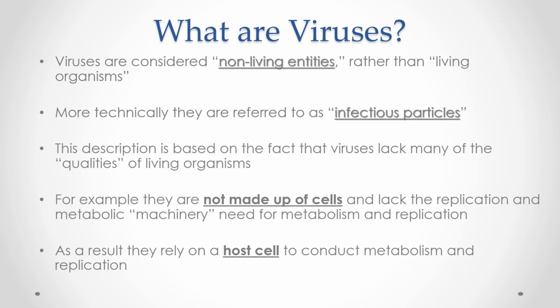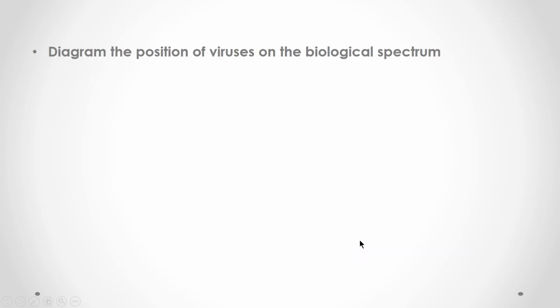And that's why they fit an interesting position on the biological spectrum, which I'll show next here. The idea is that, generally speaking, life is made up of atoms, which form simple molecules, which then form macromolecules.